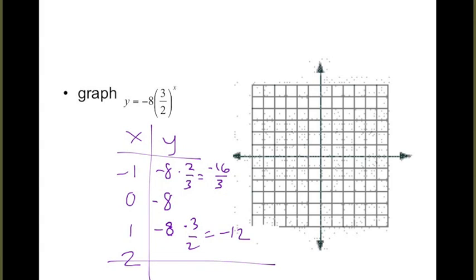So -1, 16/3 is 5 1/3. And I've got a -8. And I can't even really get the -12. It's going to be all the way down here somewhere.